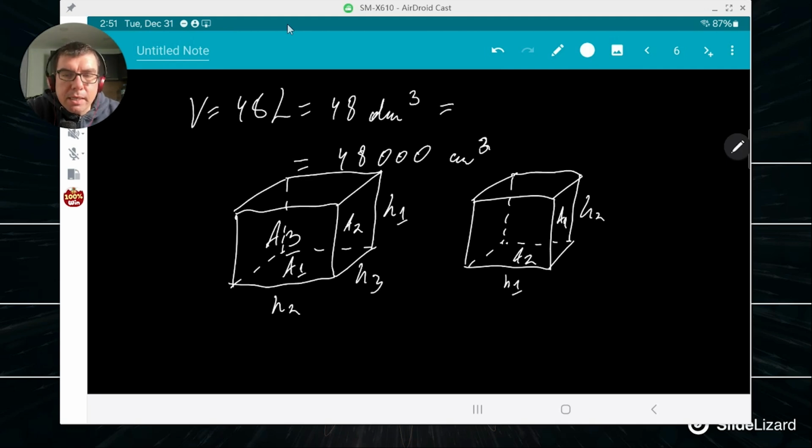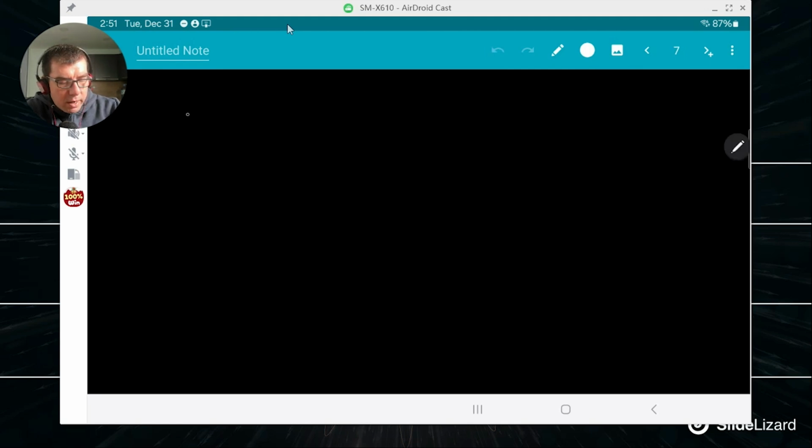So basically the idea is if we divide the volume by the respective heights, we get the area of the respective faces, okay, of the three faces which constitute the parallelepiped, the three faces with different areas. So let's just do that, okay? A1 is going to be equal to V over H1, right?